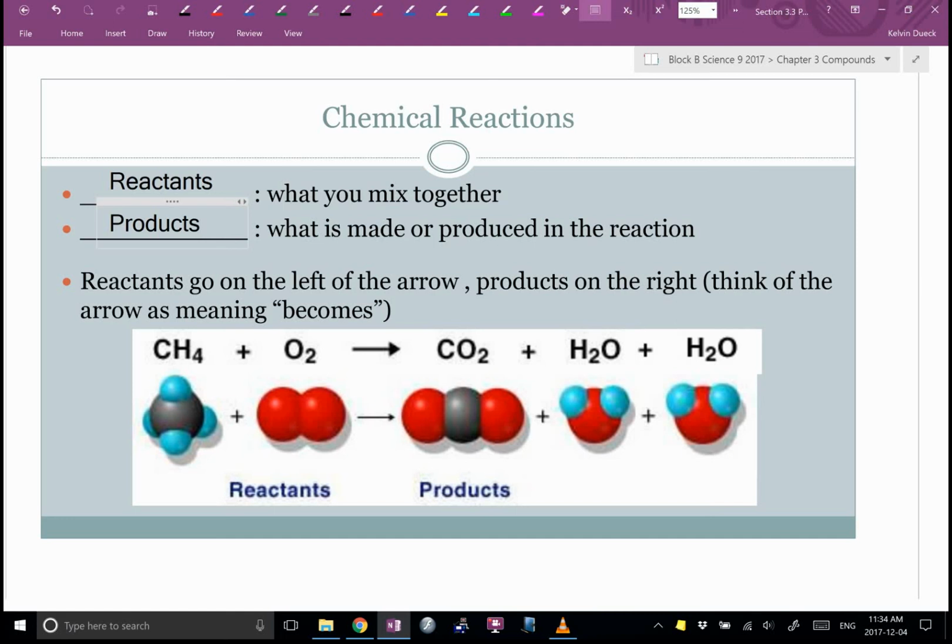The reason we call it a chemical reaction is you use reactants and then you get a product out the other end. When you're writing an equation, which is what we're going to get to eventually, reactants go on the left of the arrow. This is what you're putting in. Products on the right. And the arrow kind of means turns into or becomes, or if you want the fancy phrase, react to form. So CH4 and O2 react to form carbon dioxide and 2 water molecules.